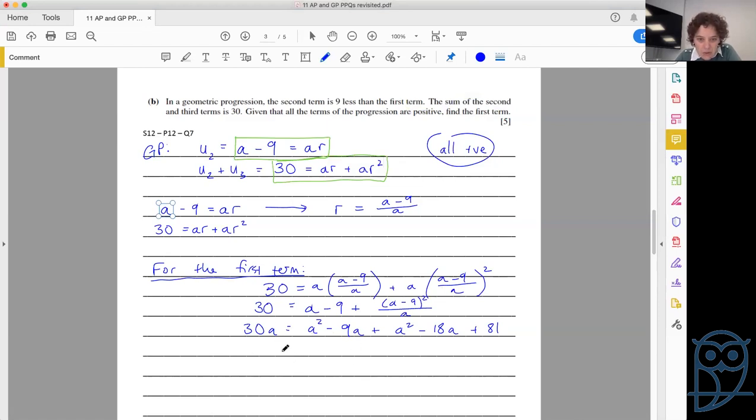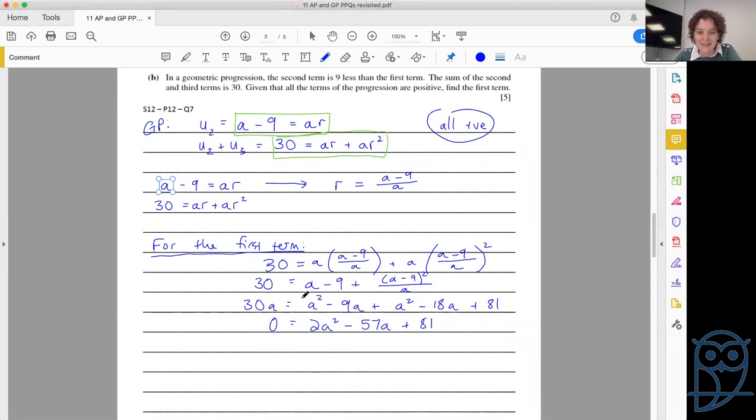So if we get to our quadratic, we get 0 equals A squared and A squared minus 9A minus 30A minus 18A gives us minus 57A plus 81. Whee! They do not like us very much in this one. Okay, but we can do it because our 2 is prime. So we know we've got a 2A and an A.